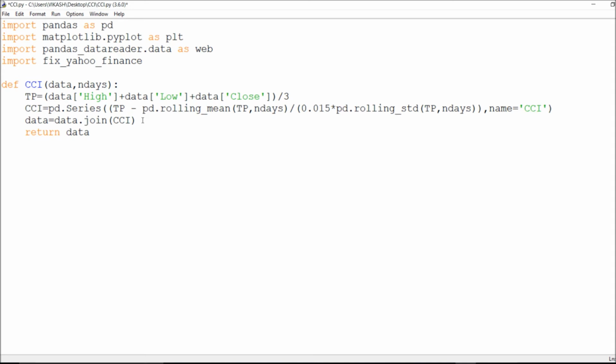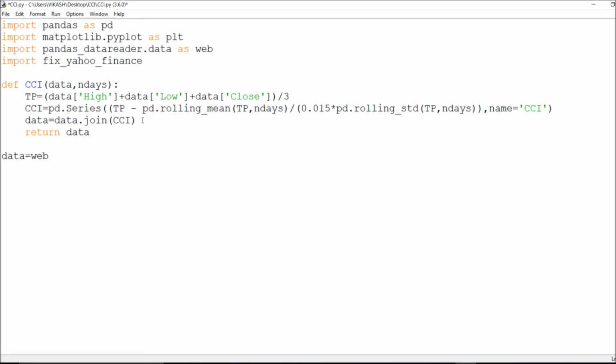That's it. The commodity channel index part is done, and next I need this data to perform the commodity channel index on Nifty, the NSE price.